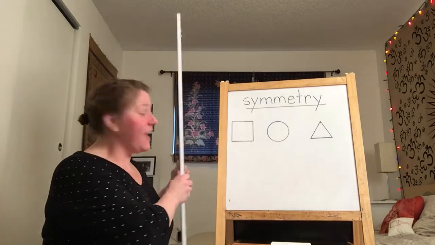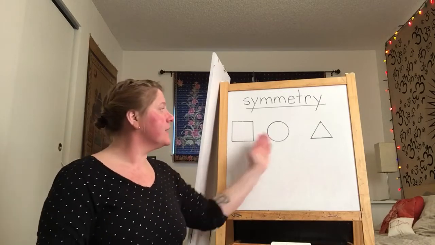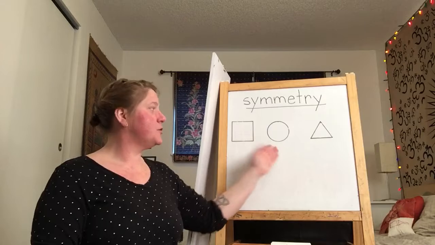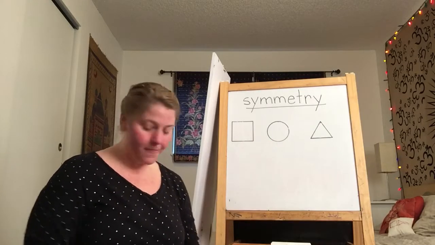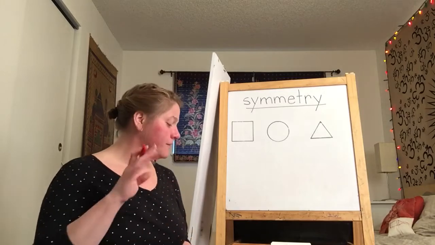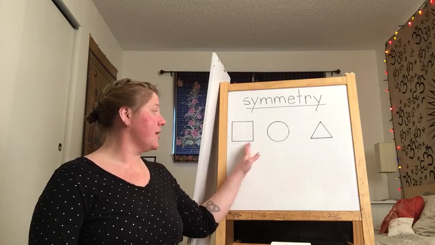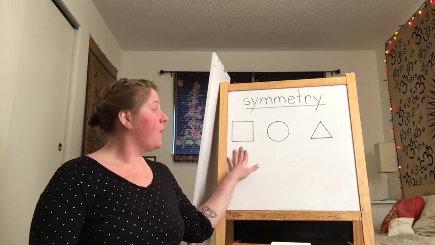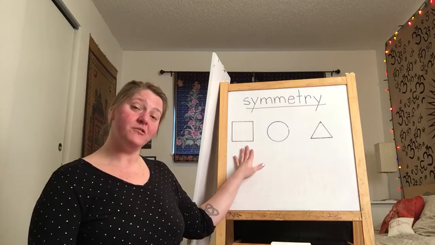It's practice. Now, when we're talking about mirror images, let's see if we can divide these shapes to create a mirror image, or to see if they're symmetrical. Okay? So I'm going to get my marker and my ruler. And let's see. Now, this shape is a square. Do you think that I can divide this in half and that it will be symmetrical?